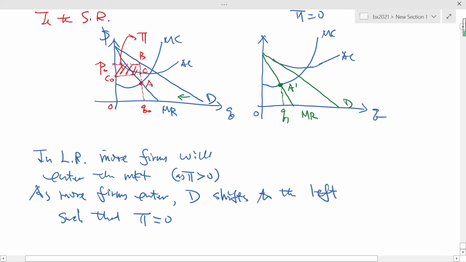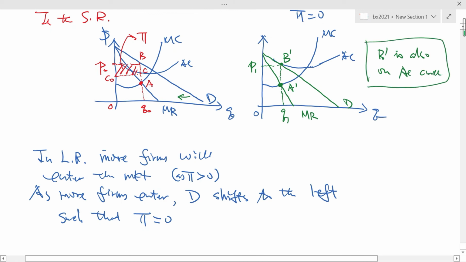Go from Q1 up to the demand curve, read out the price P1. And you want to notice that this demand curve, this point here, let me call B prime. Point B prime is also on the average cost AC curve. So it must be this case such that a firm will earn 0 economic profit.